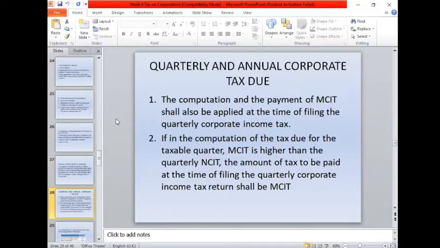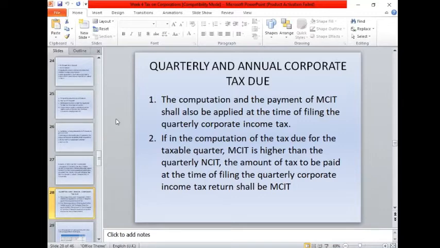And of course, how to file for the corporate income tax? Okay, the corporate income tax must be filed on a quarterly basis and annually. In the annual, we have to combine all the taxes from the 1st up to the 4th quarter, while on the quarterly, we do the interim computation of tax from the 1st up to the 4th quarter.